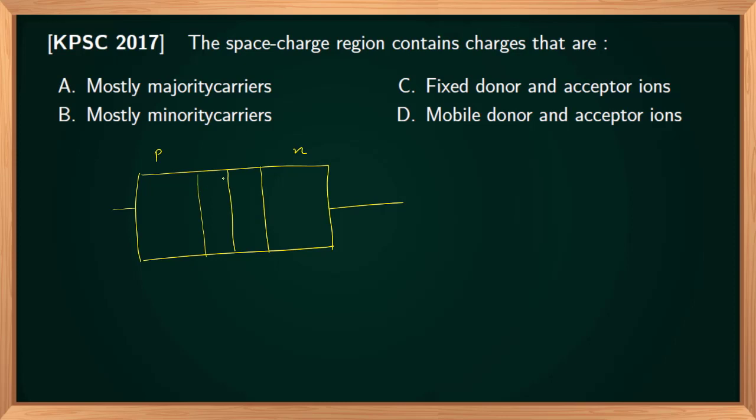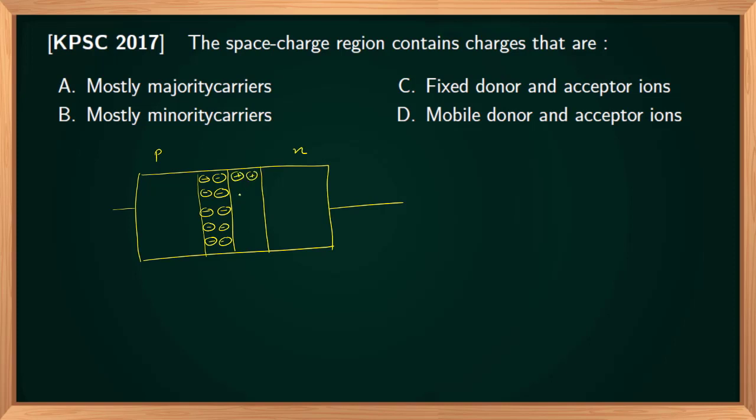The majority carriers, holes, present in this region combine with electrons from the N region to form the space charge region. When holes combine with free electrons from the N region, immobile negative ions, that means acceptor ions, will be present in the P side of the depletion region or space charge region.